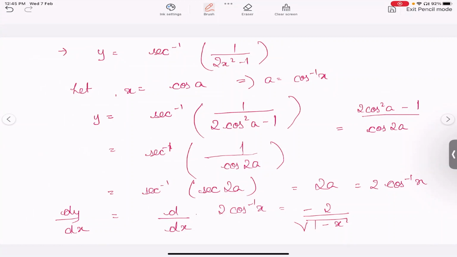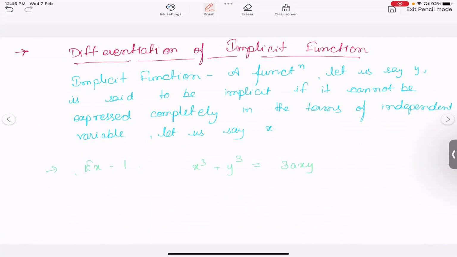So we have to find dy by dx, differentiating the same way using the same set of formulas that we have learned. We have to differentiate both the sides, and at the end arrange the equation such that we get dy by dx on one side and the rest of the things on the other side.